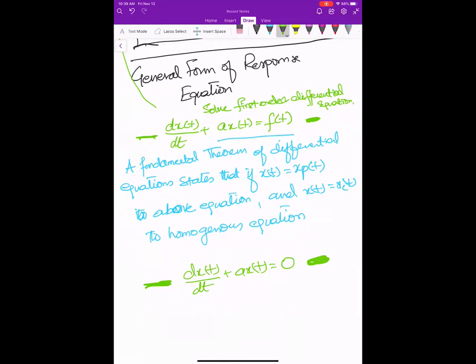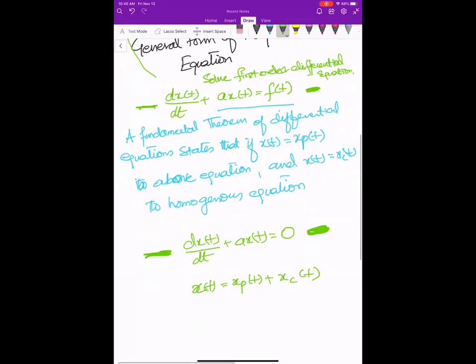So as we are doing the general form of the equation, we will be writing it as x of t is equal to xp of t plus xc of t, which means that xp of t is the particular integral solution or forced response. What it means, we will learn that too.